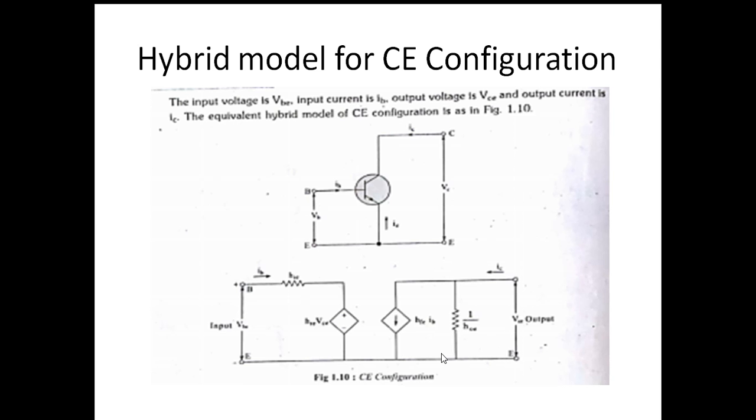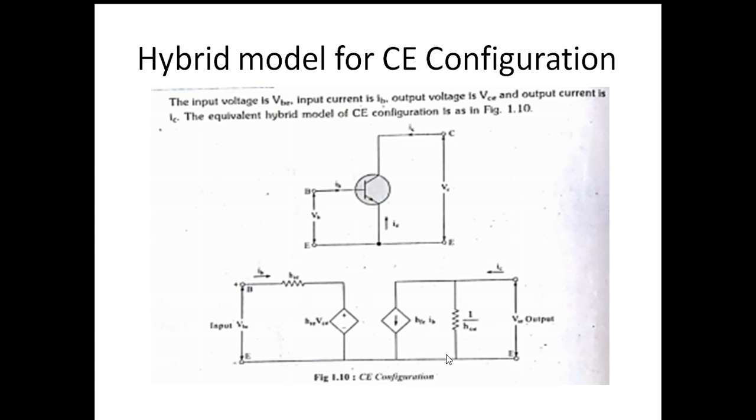So, the hybrid model of a common emitter configuration consists of four hybrid parameters. Those are HIE, HRE, HFE, HOE. By using these four, we can draw the equivalent circuit for common emitter configuration.